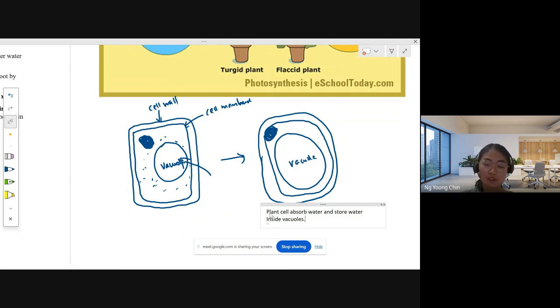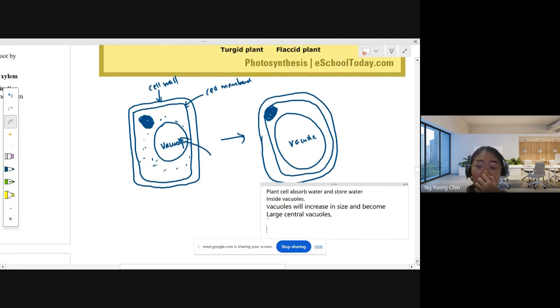So the vacuole will increase in size, right? See? And become a large, central vacuole. So once the vacuole increases in size, it will press against the cell membrane.